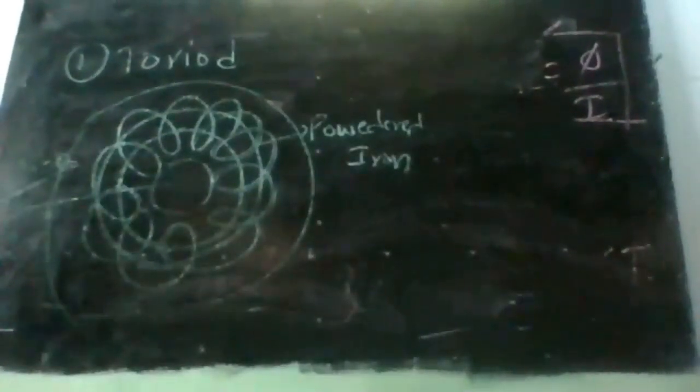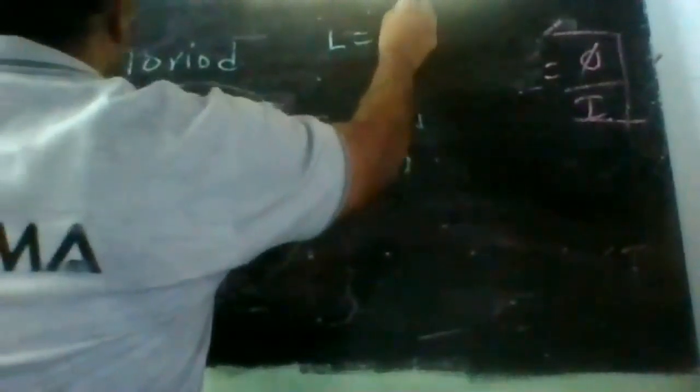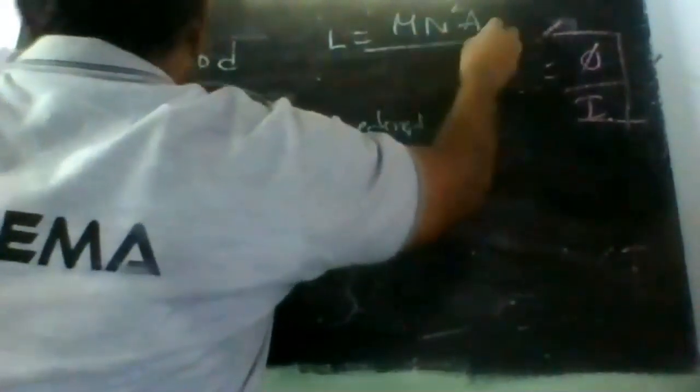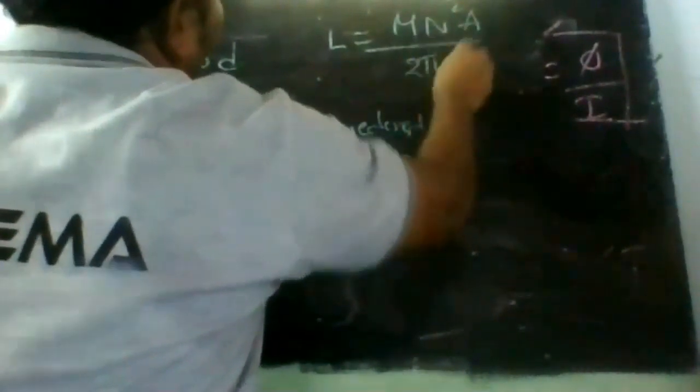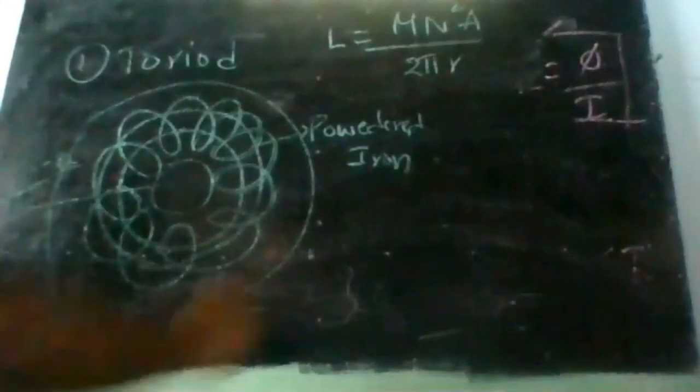The formula for the inductance of this toroid is L is equal to mu n square A divided by 2 pi r. So what is mu?